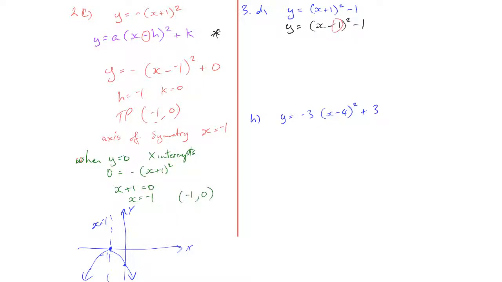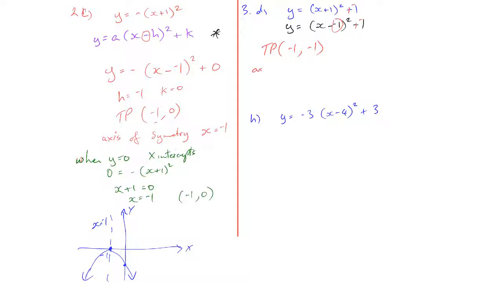So I can ask, what is h? h must be -1. And k is plus k, so that's plus -1, so k is also -1. So my turning point is -1, -1.